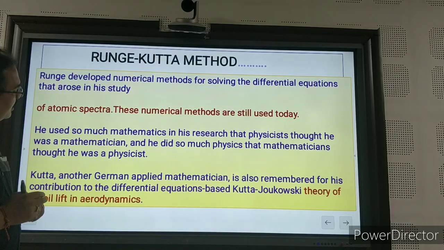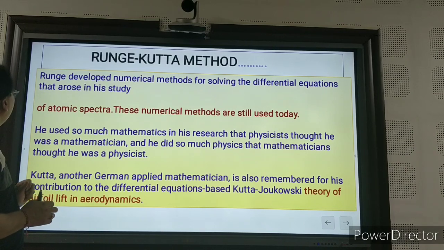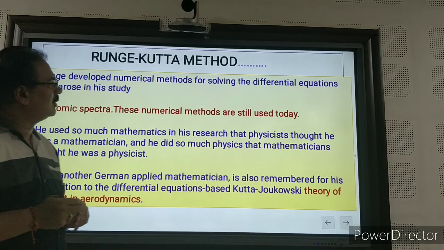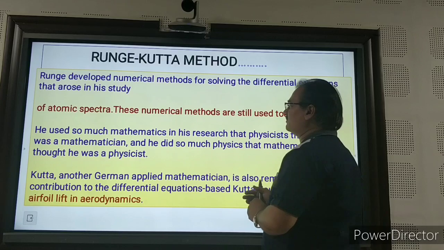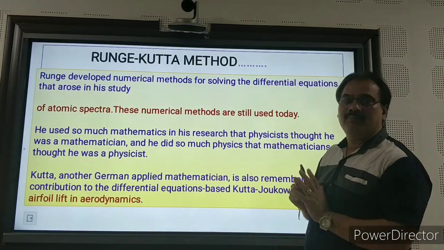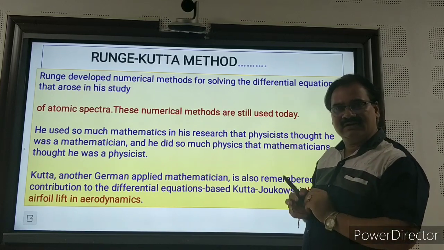Just to inculcate interest in their work, I am going to elaborate something. Runge developed numerical methods for solving the differential equations that arose in his study of atomic spectra. These numerical methods are still used today. Those who are interested can look at the resources.